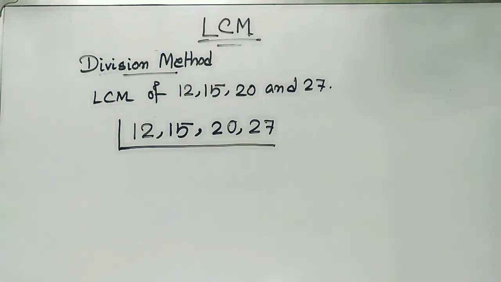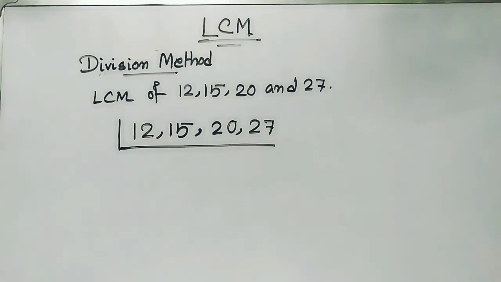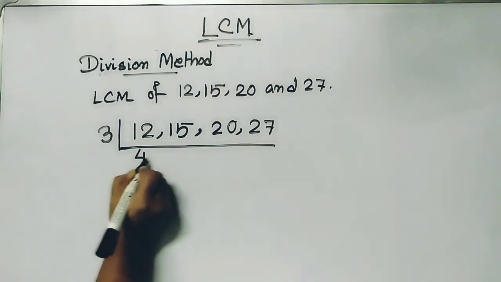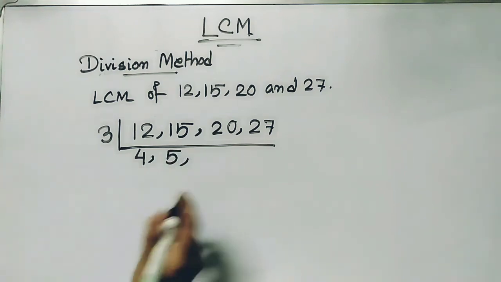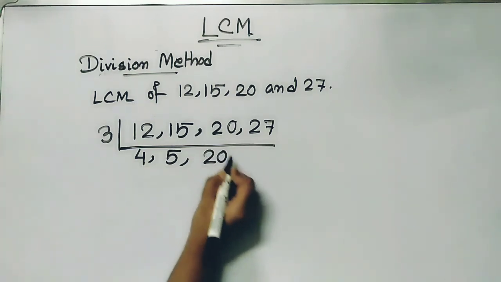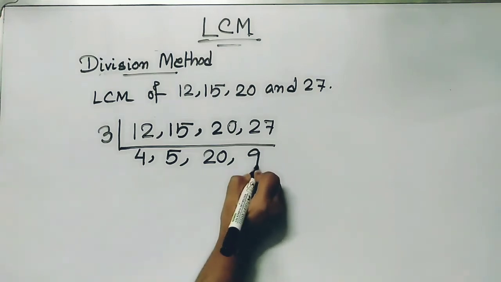Now at first, see here 12, 15 and 27. 3 numbers are divisible by 3. So at first we divide by 3. So 3 4s are 12, 3 5s are 15 and 20 is not divisible by 3. So we carry forward this number, that is 20. Next 27 is divisible by 3. So 3 9s are 27.